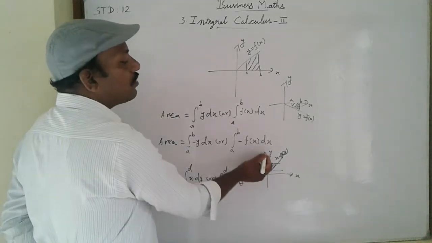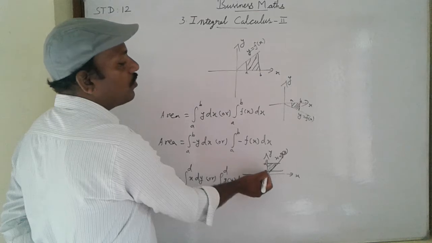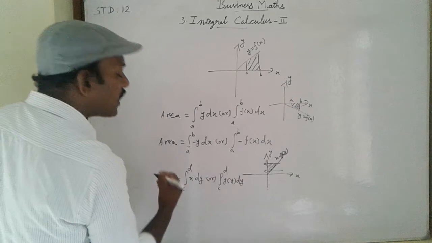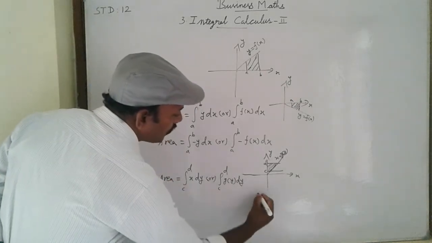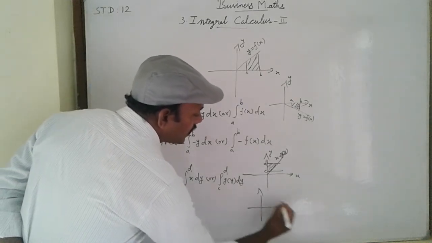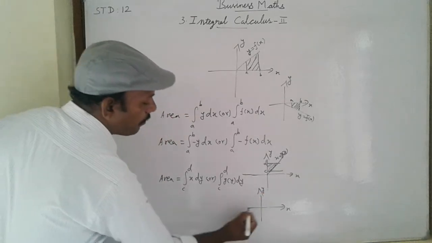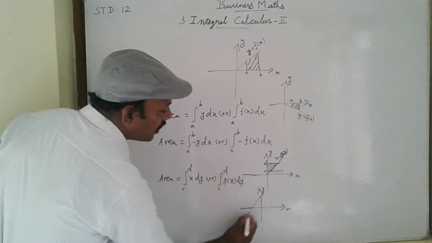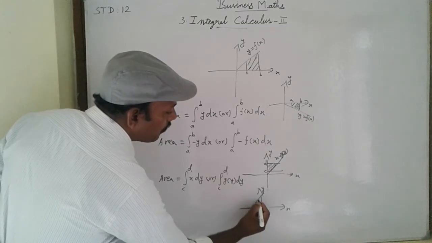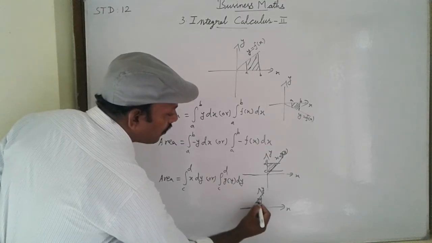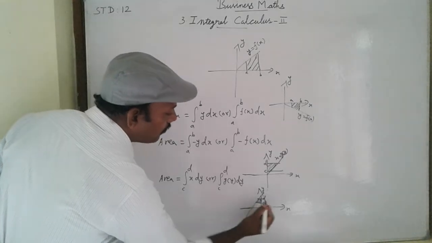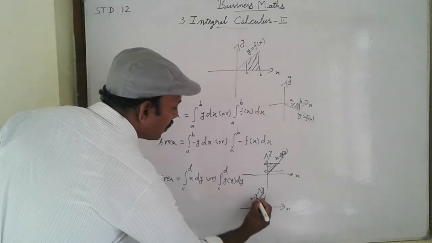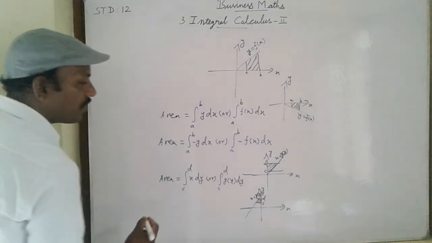We take the limits on the y-axis: C to D are y values. Next, we take the left side. This is the x-axis, this is the y-axis. We should find out the left side area between C and D, where x equal to g of y is the function.